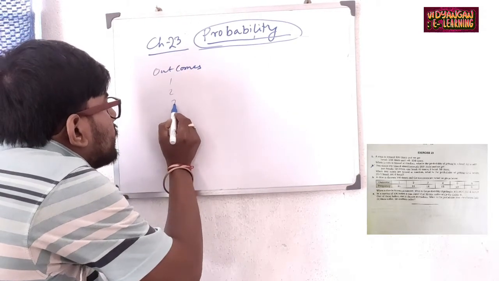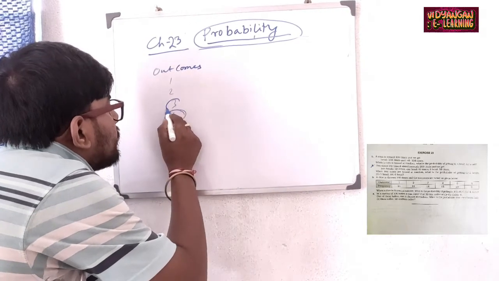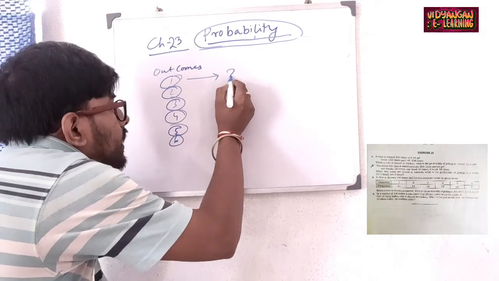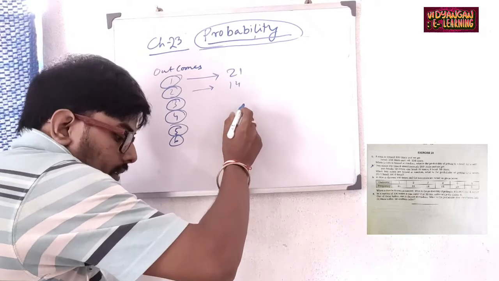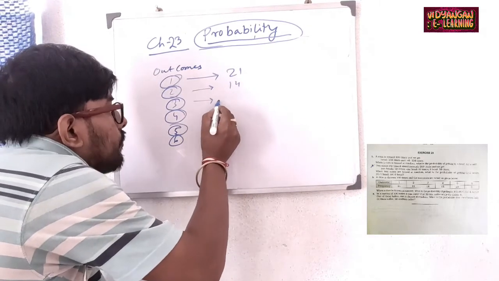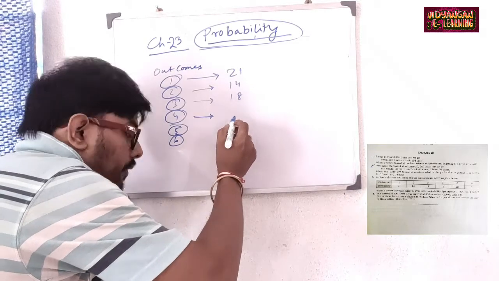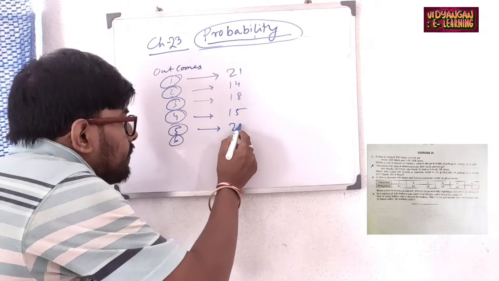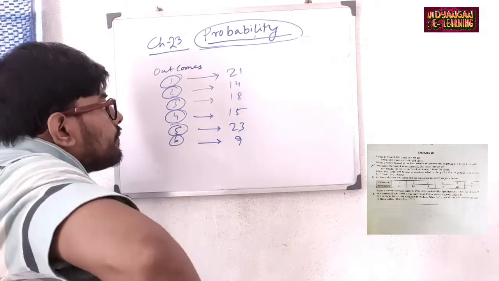We get 1 for 21 times, 2 for 14 times, 3 for 18 times, 4 for 15 times, 5 for 23 times, and 6 for 9 times.